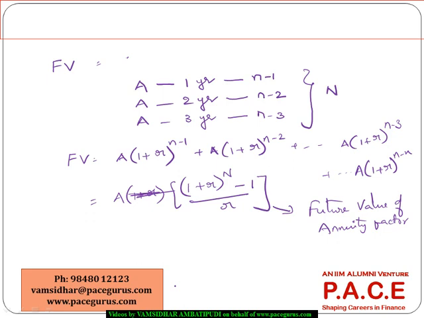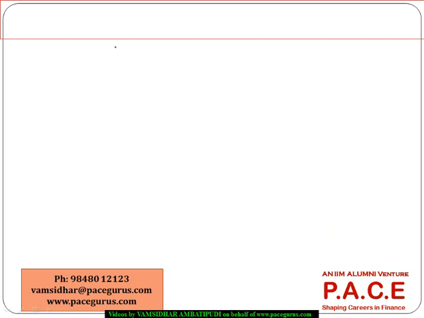And in case the cash flows are uneven, only when the cash flows are even, in terms of amount as well as in terms of timing, we call them an annuity. But whenever they are uneven, either in terms of amount or in terms of timing, we can't use the annuity factor formulas.